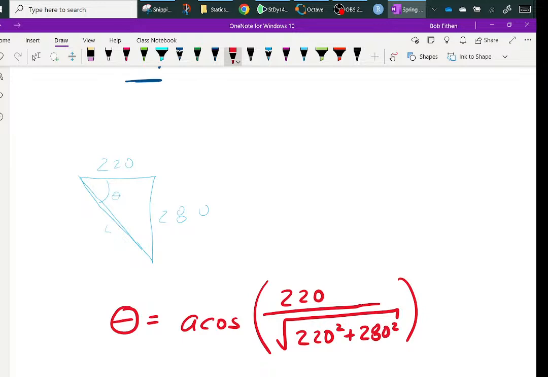Let's see if it recognizes that. It does. It recognizes it. 51.84.